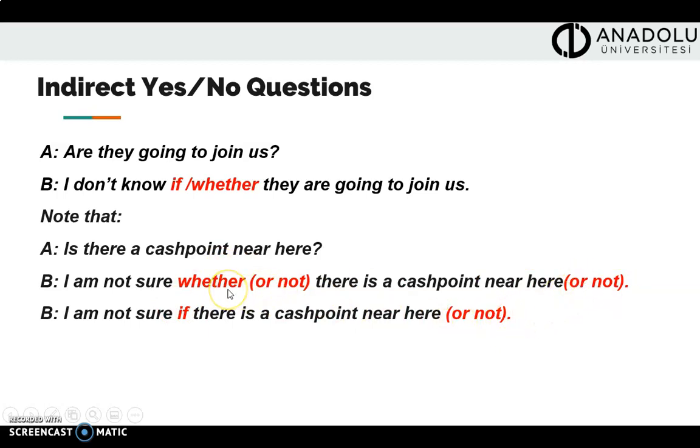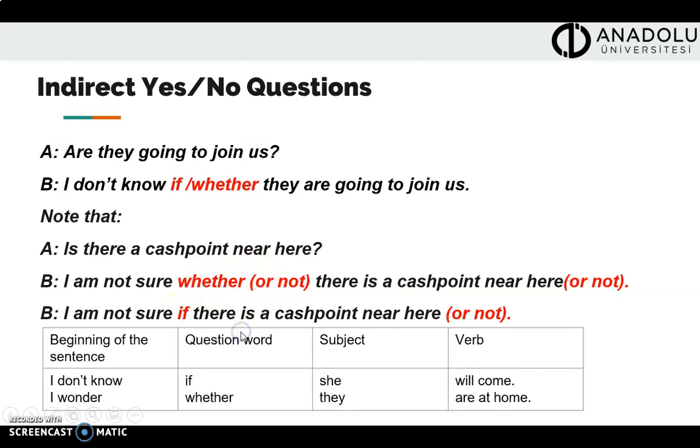But if you want to use or not directly after it, you can use it after whether, not if. Whether can be followed by or not directly, but if cannot. If you use if, you use or not at the end of the sentence.